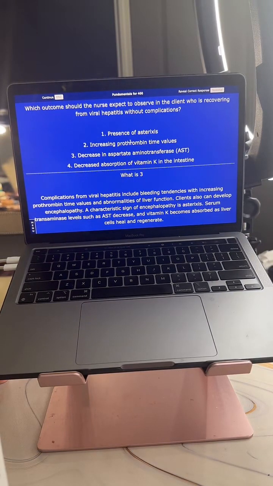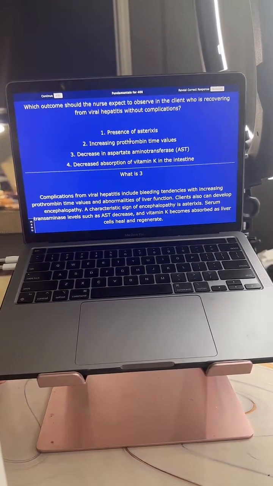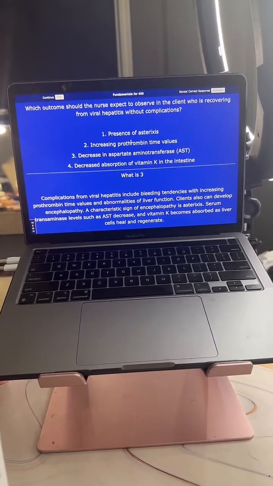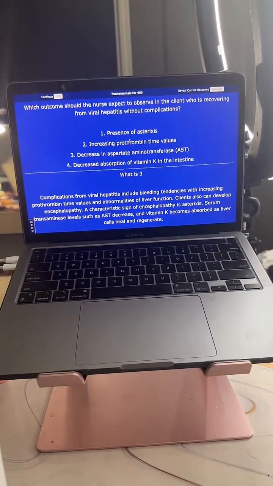Give me another enzyme that indicates liver function. We already said AST. Somebody already said it, but let me ask it again. Let me scroll up and see who, though. What's another liver enzyme besides AST that we can expect to monitor for those liver enzymes?